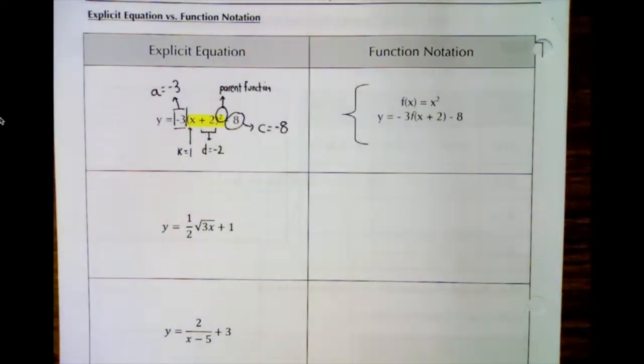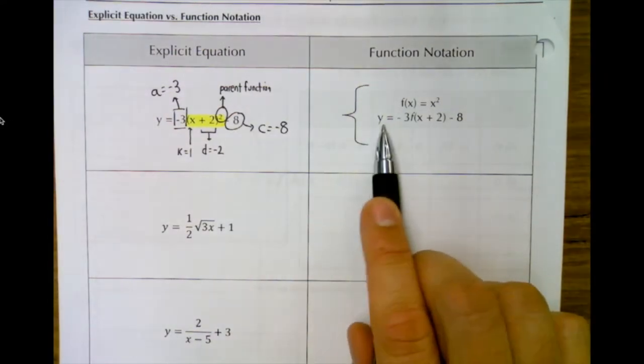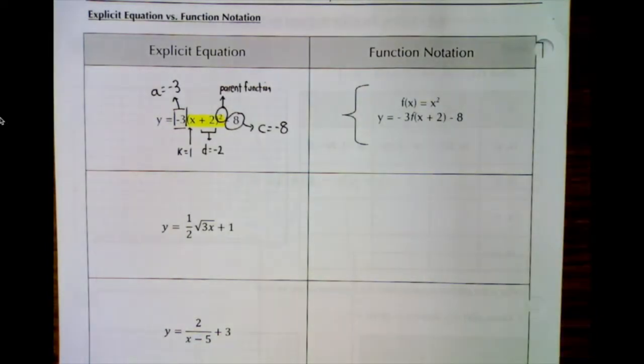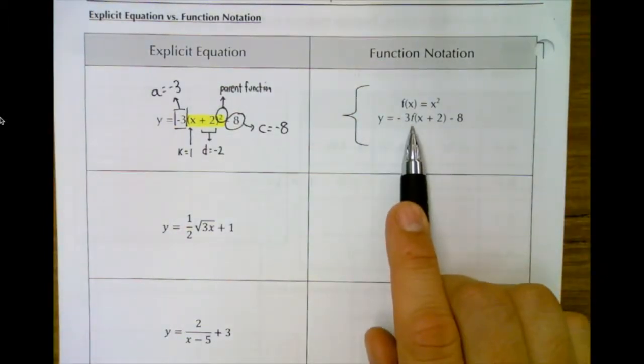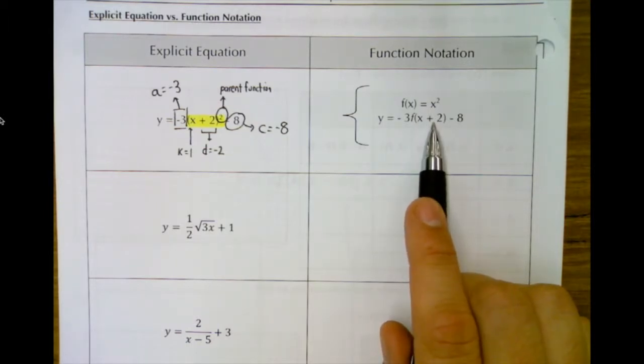We can use a, k, c, and d to write the second part of our function notation, which is the transformation equation. The transformation equation always starts with y equals, and then instead of a bracket and squared, we strip off the parent function and we just replace it with f. And inside the function, we would place our k of 1 and our d of -2.